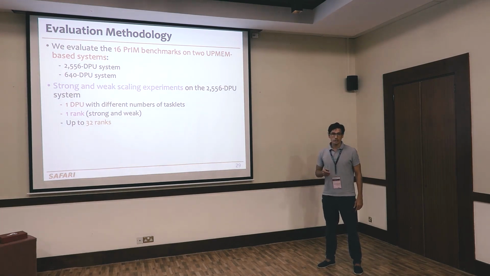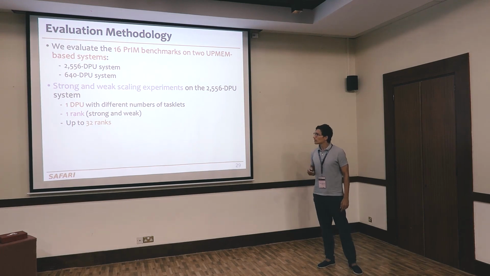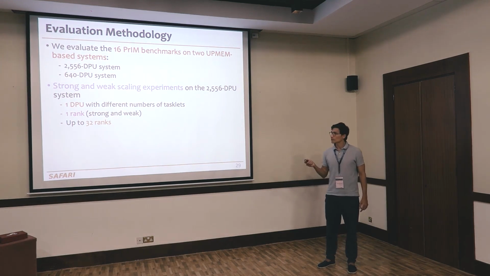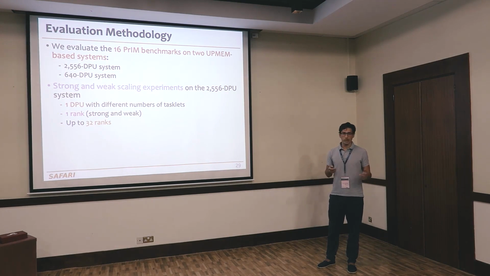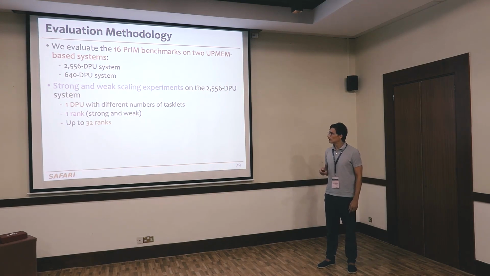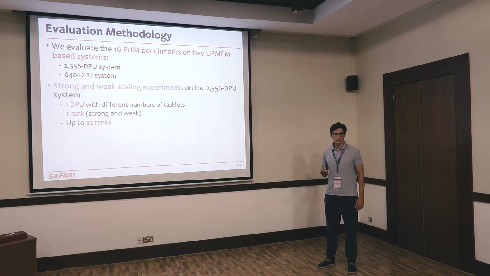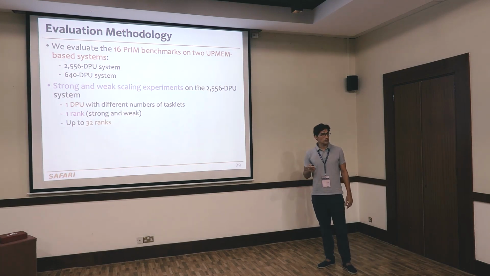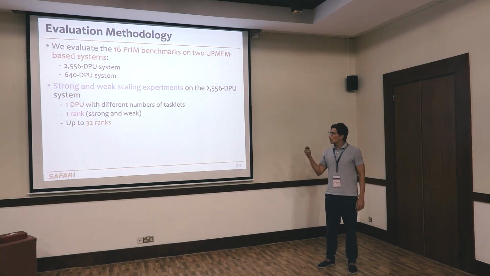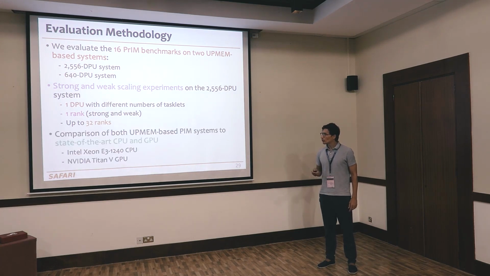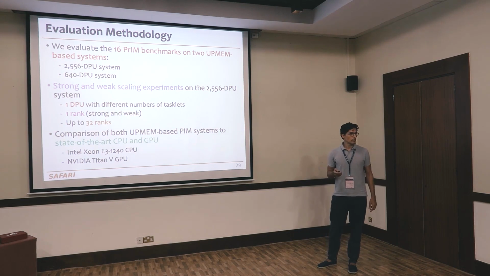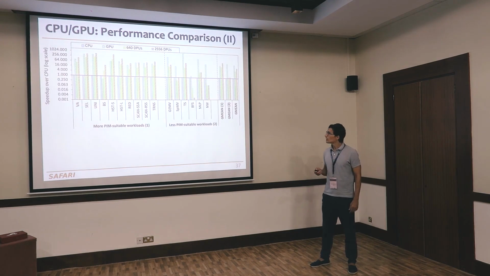We did the analysis of the 16 PIM benchmarks on two ABUMPIMP-based PIM systems, the larger one and an older one with just, I don't remember how many DIMMs, I think 10 DIMMs, in total 640 DPUs. There we ran strong and weak scaling experiments on one DPU, on one rank, and up to 32 ranks, and also compared the performance to state-of-the-art CPUs and GPUs.